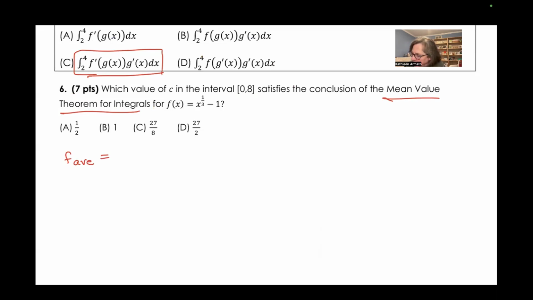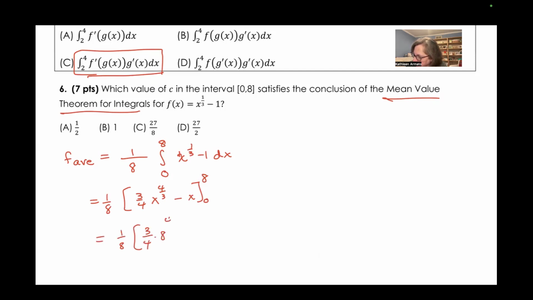All right, so first of all, to find the average value, I just do 1 over the width of the integral, sum up from 0 to 8, the function. Okay, x to the 1/3 would be x to the 4/3 with a 3/4 in front, minus x from 0 to 8.